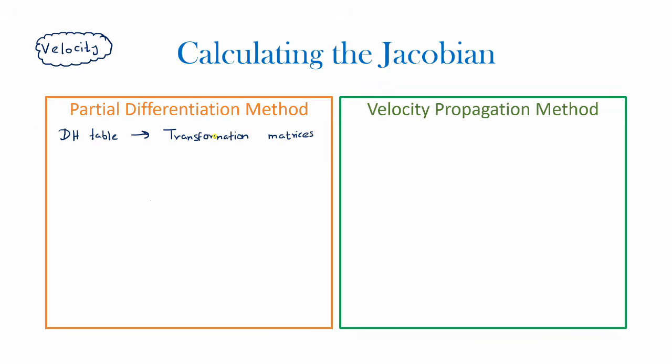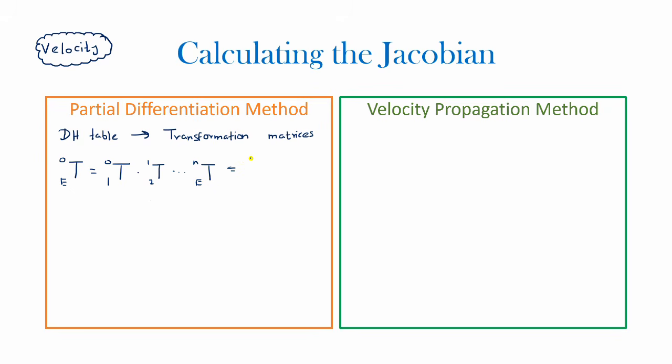So you would have something like T01, T12, and so on. And using these transformation matrices, you can calculate the transformation matrix from 0 to the tool or the end effector by multiplying all the previous transformation matrices together. 1 to 2, and so on until you have n to e.